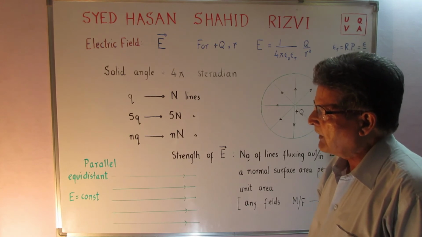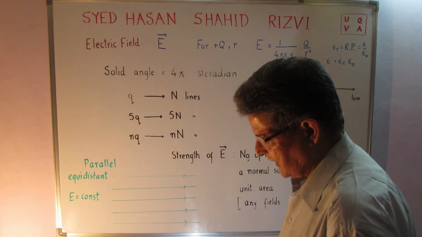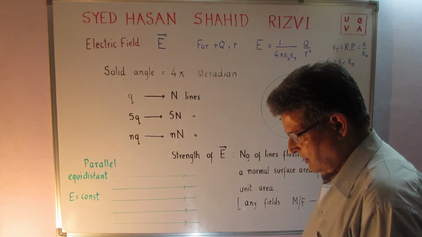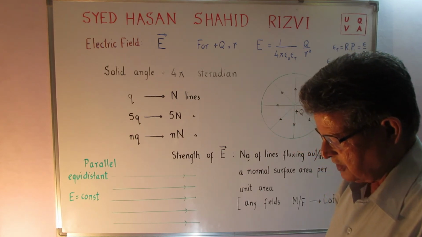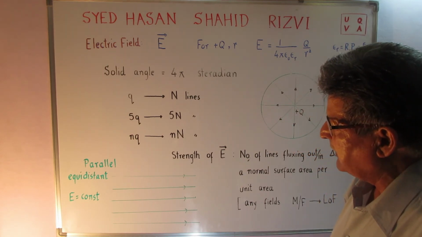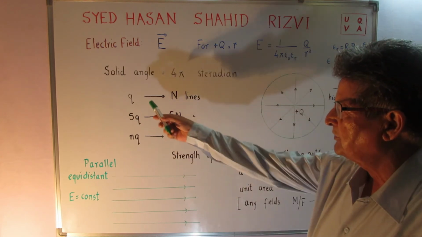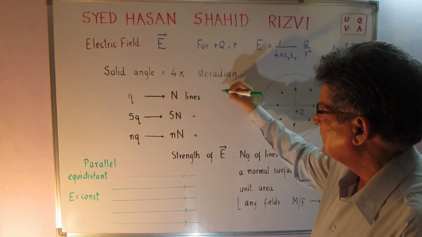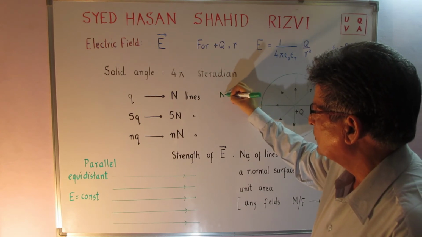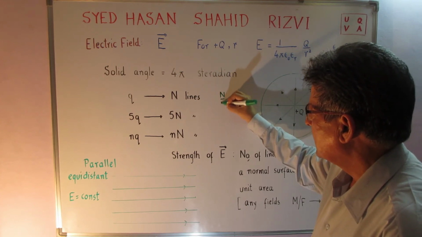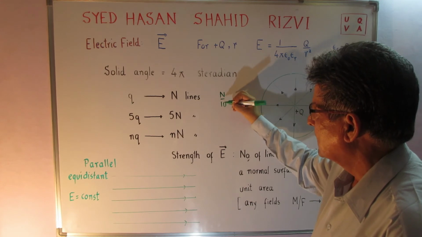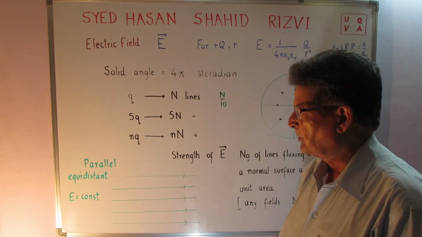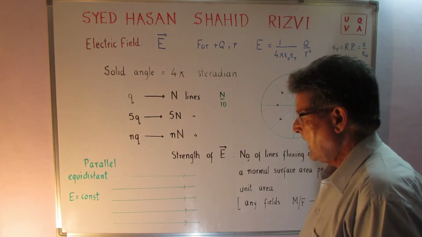So we do not confine a set number for a set charge. But comparatively, if we say that there are n lines for q, then n by 10 lines for q by 10. Okay, like that. So there is an element of proportionality that exists.